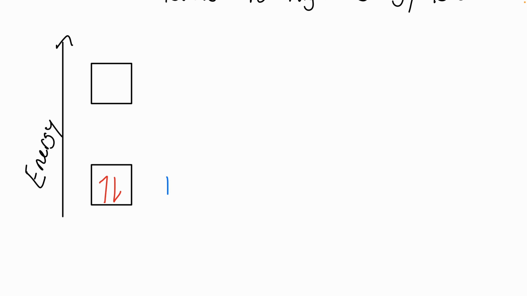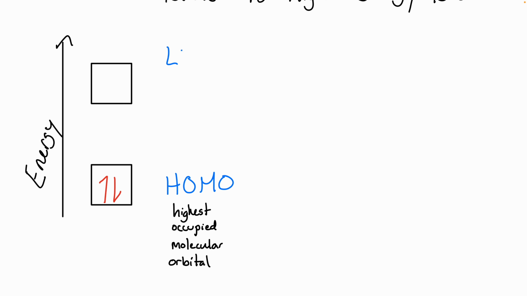We call this one here the HOMO. They really thought this one through. The highest occupied molecular orbital. All right, and the empty one above it we call the LUMO, the lowest unoccupied molecular orbital.